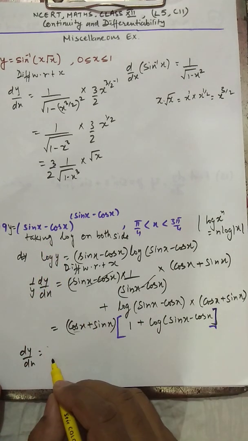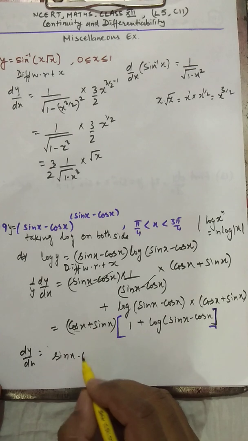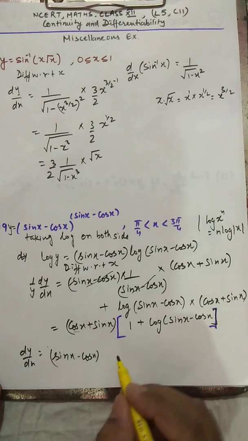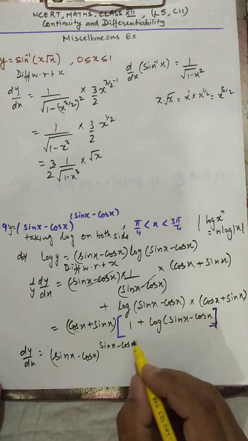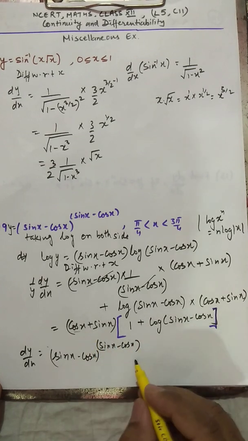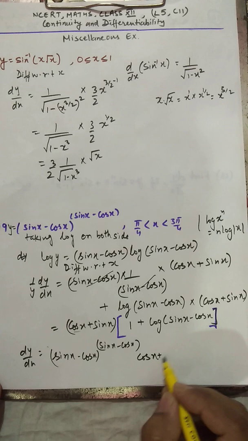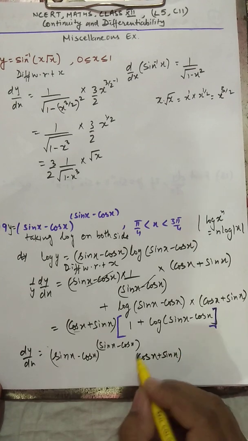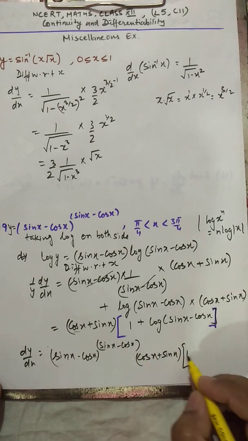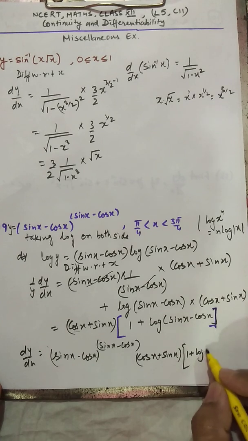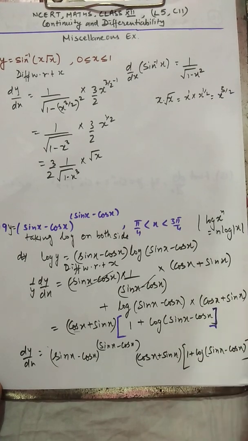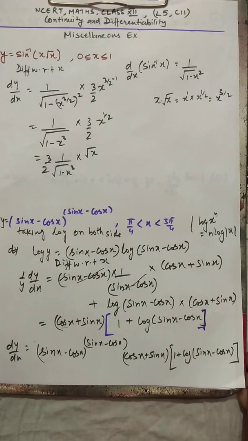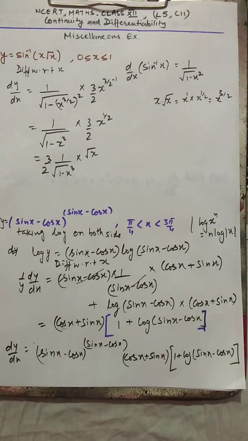So y is your sin x minus cos x to the power sin x minus cos x again, and you can write cos x plus sin x, and inside the bracket this is 1 plus log of sin x minus cos x. So this is how you can simplify. So this is your answer.